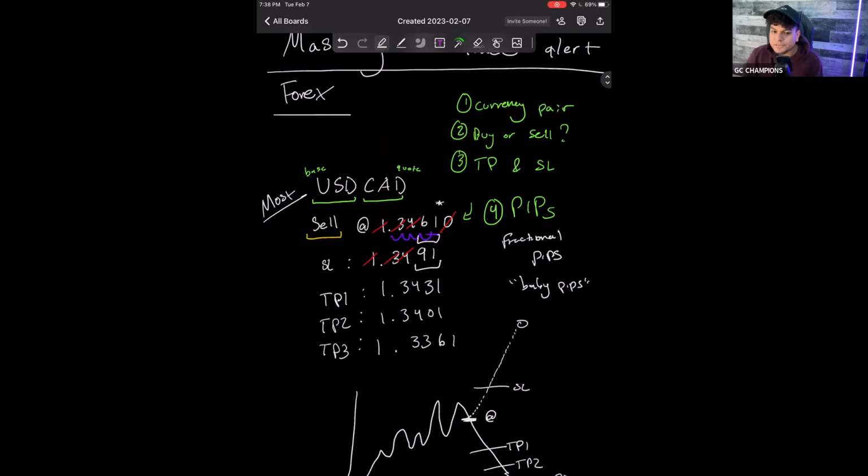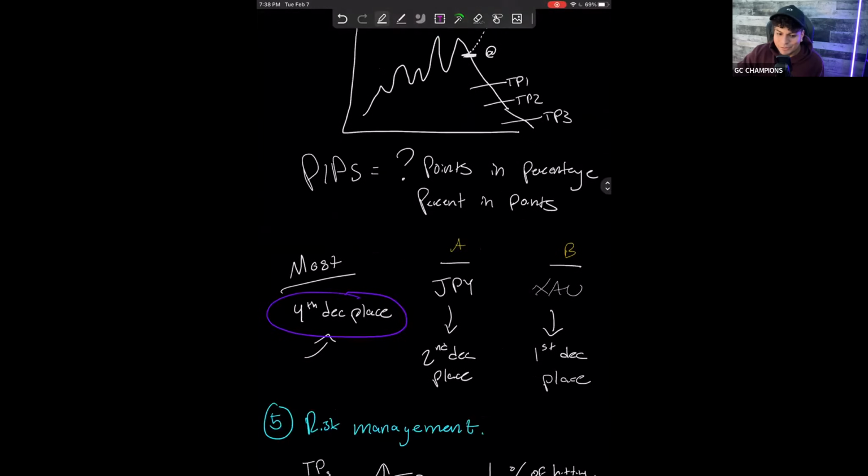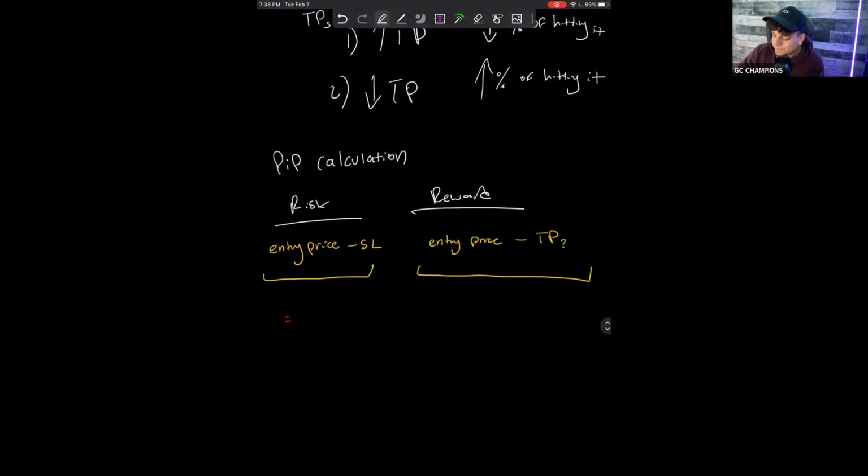What's the difference between 61 and 91? 30, right? So my risk is 30 pips. Make sense? Cool.